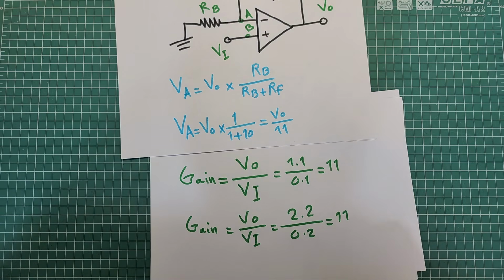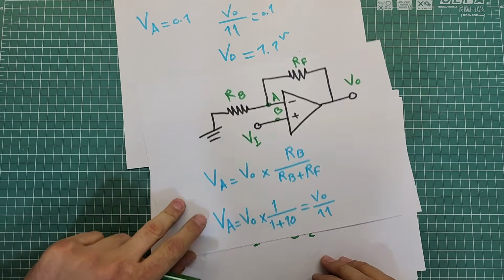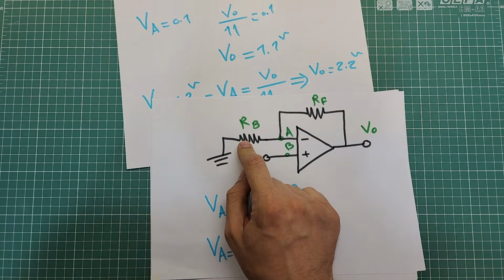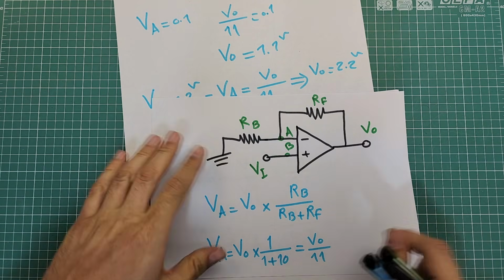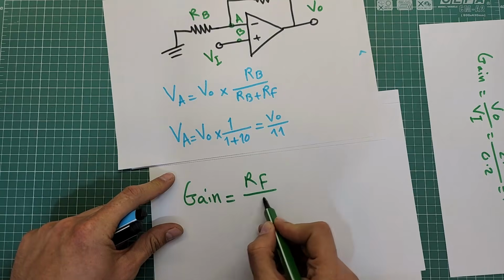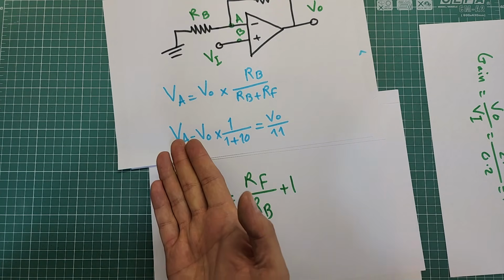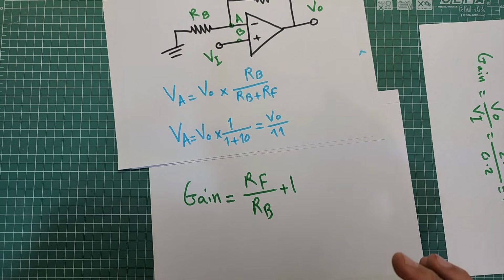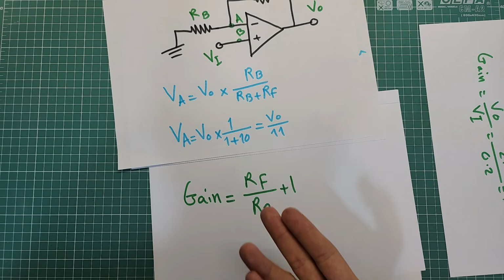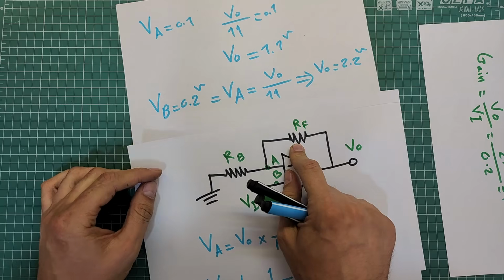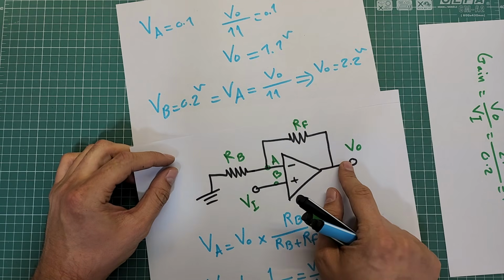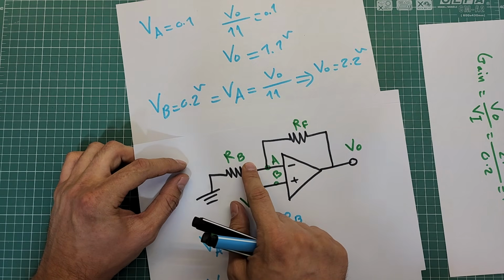By changing the value of these resistors, we can change the gain. Actually, the gain is set by this formula. If you need to increase or decrease the gain, you can change the value of RF and RB. By the way, this resistor here, which is connecting the output to input, is called a feedback resistor.